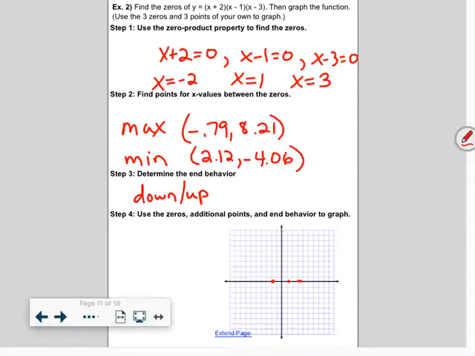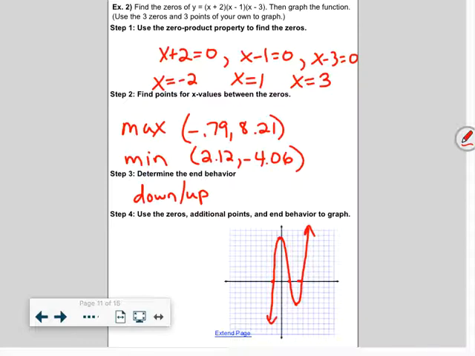Then let's estimate. And here's a minimum. Okay, so it's down, comes up, and then the end behavior says it shoots back up.